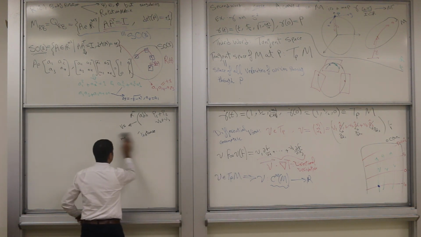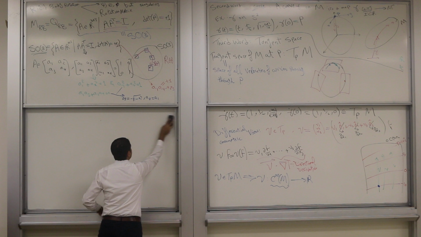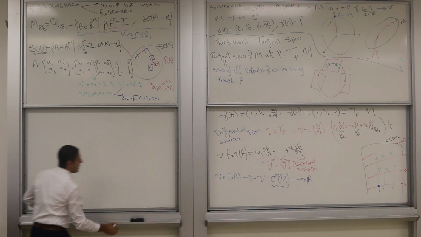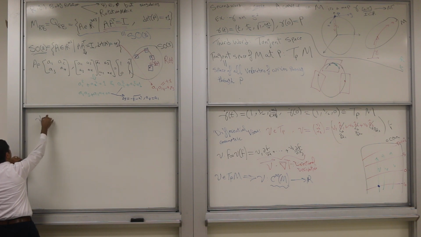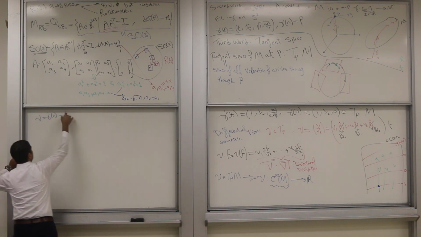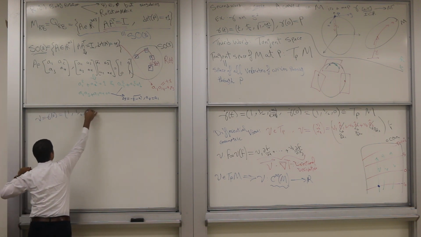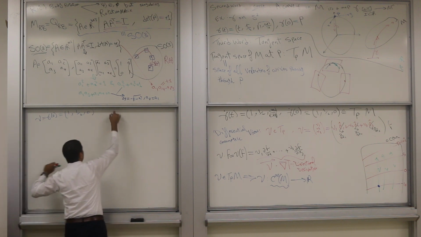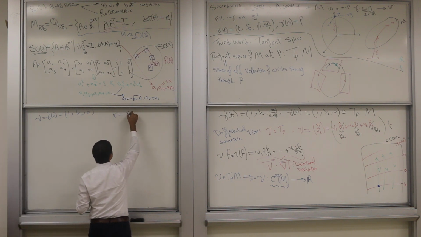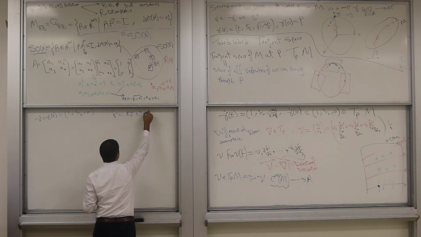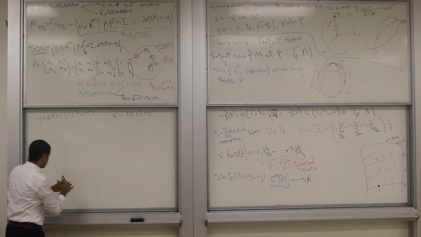I'll do a very simple example here. My V is gamma dot 0, which is (1, 1/2, 0). I'll define a function on M, simply maybe f = xz + y + z squared, anything.